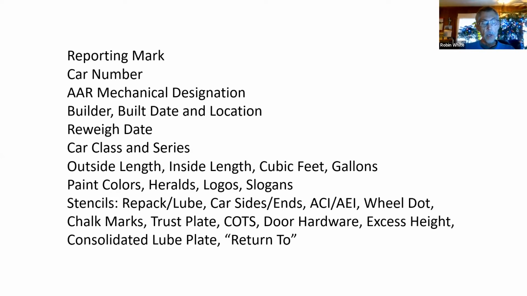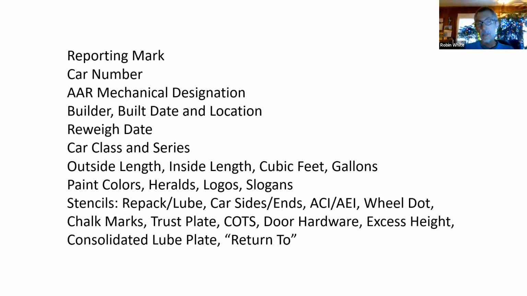And then I can learn about the length of the car, the cubic feet of the hopper, the number of gallons in the tank car, the various AAR and DOT tank car information, the specific coloring, like Cascade Green for Burlington Northern, or Indian Red for Santa Fe, the heralds and the logos, which we love so much, and the slogans like Ship and Travel Santa Fe all the way.